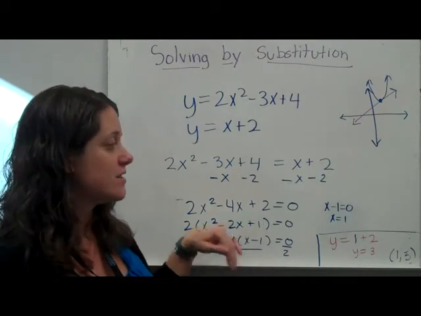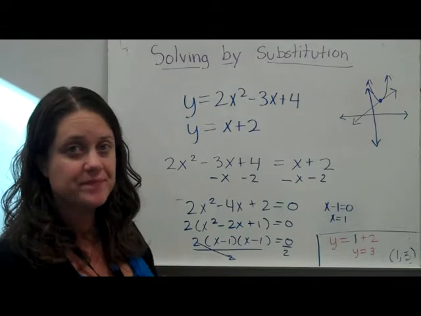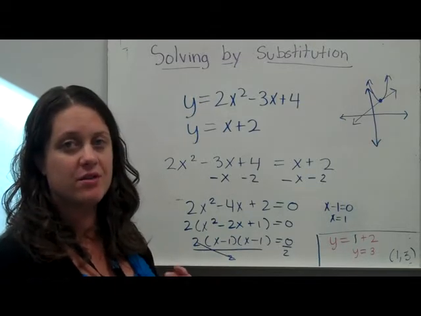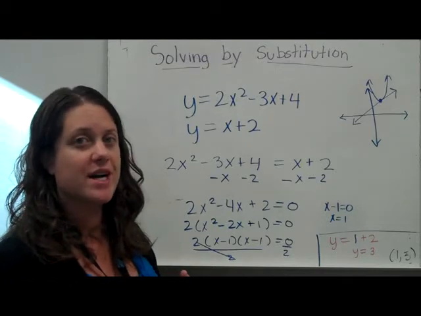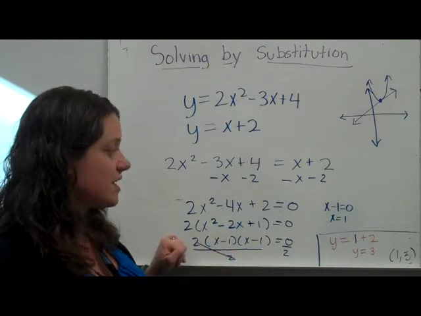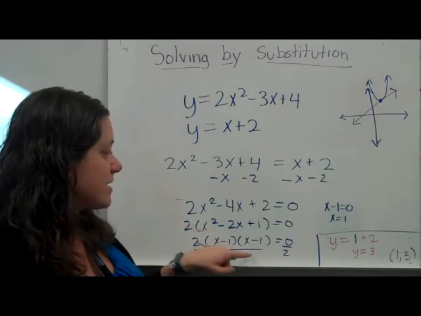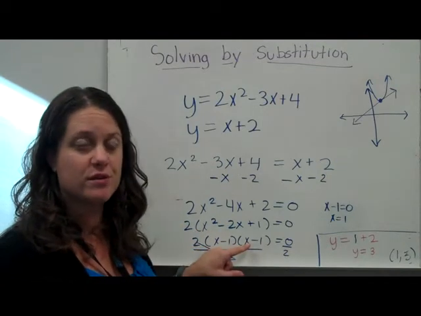From there, you should know how to get solutions. Ways to get solutions are the quadratic formula, the square root method, completing the square, or factoring. This one factors. I took out the GCF, and then I factored the rest. It was actually a perfect square trinomial.